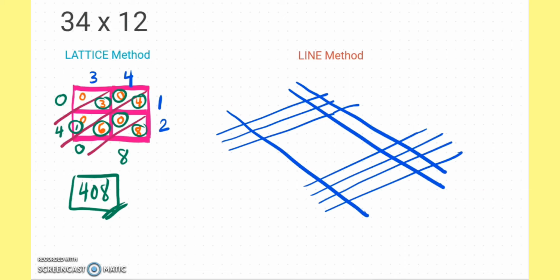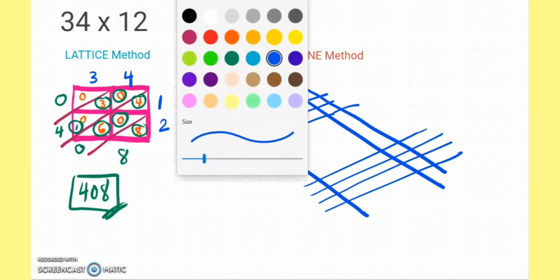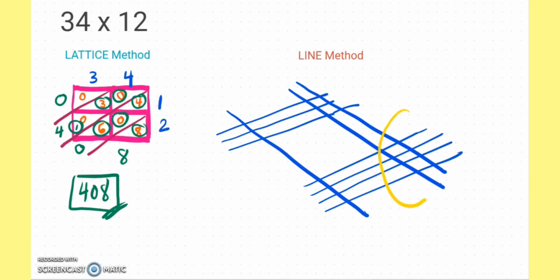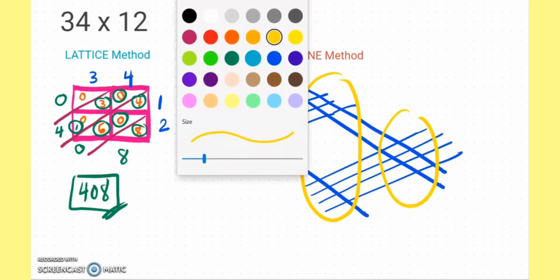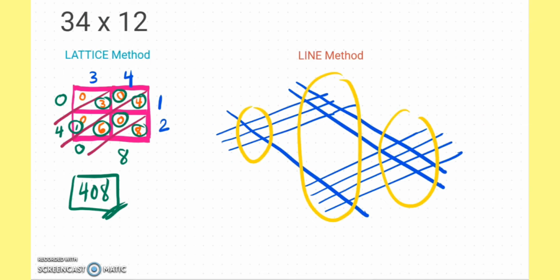And then let us distinguish the groupings. So we have this first group, this is the second group, and the third group. And let us count how many intersection points are in each group. So from the first group, we have 1, 2, 3, 4, 5, 6, 7, 8. So there are 8. Next, from the second group, 1, 2, 3, 4, 5, 6, 7, 8, 9, 10.